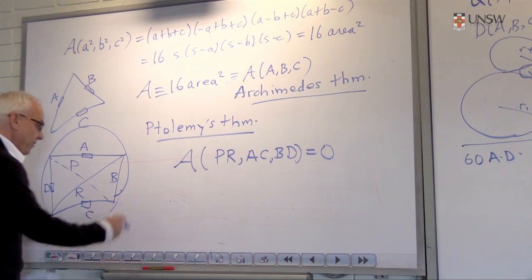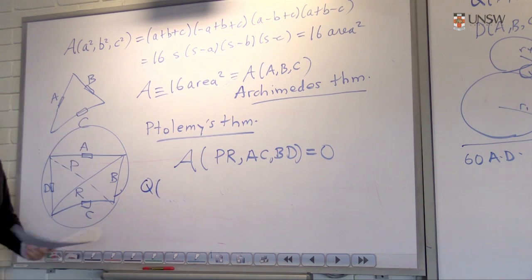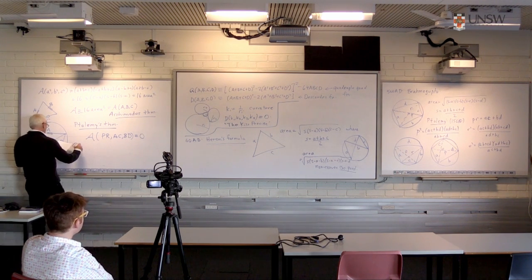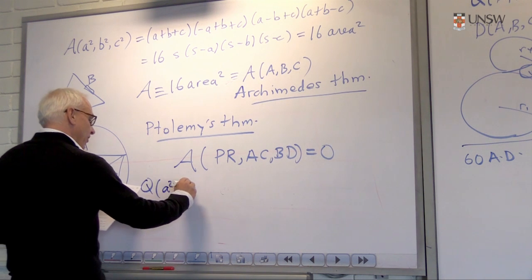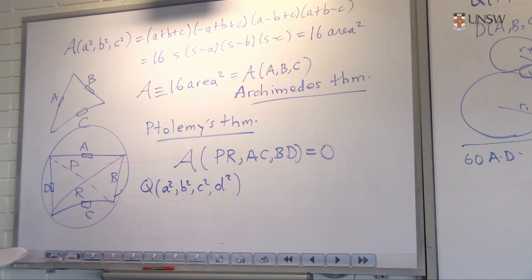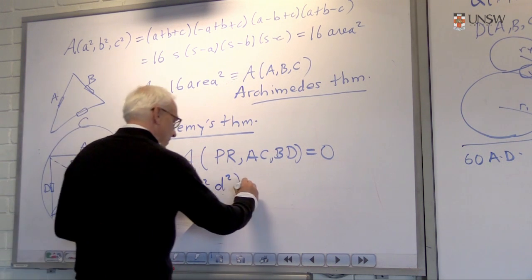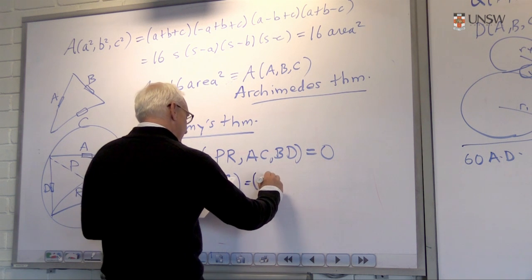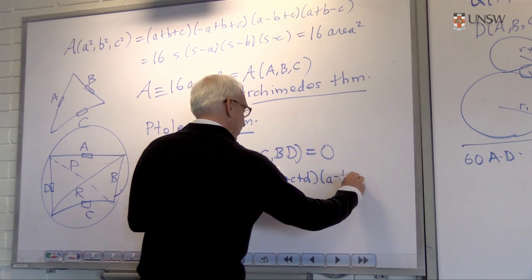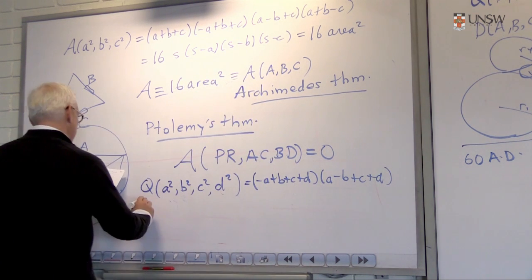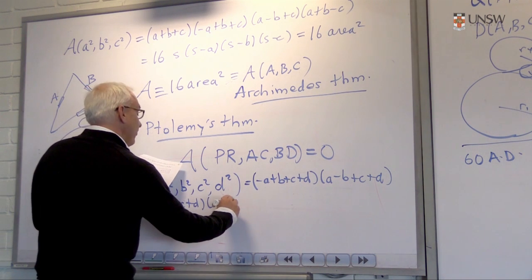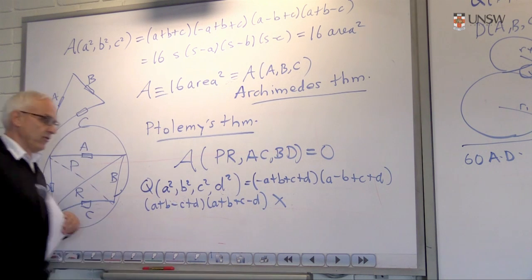And what about Brahmagupta? Well, to get Brahmagupta, we look at the quadruple quad formula, which I still have up there on the board, that sort of big fourth degree thing, and look at Q evaluated at A squared, B squared, C squared, D squared. So that turns out to factor as minus A plus B plus C plus D times A minus B plus C plus D times A plus B minus C plus D times A plus B plus C minus D. Okay, that's the first half.